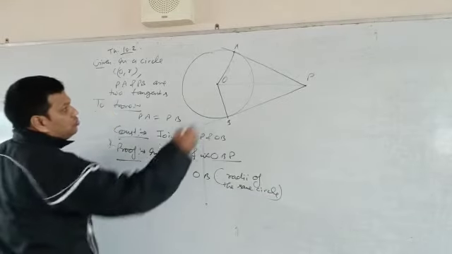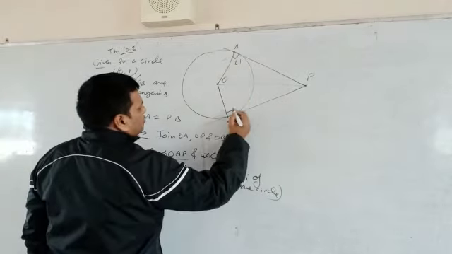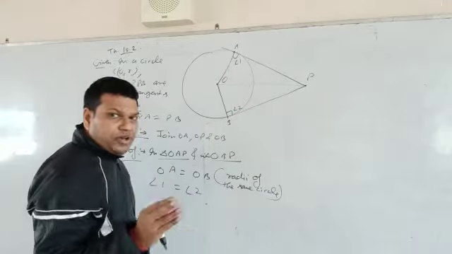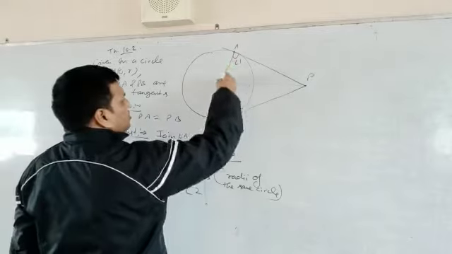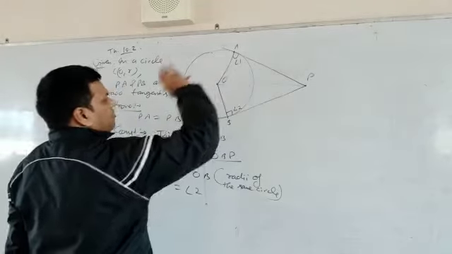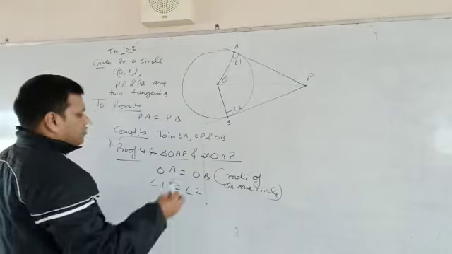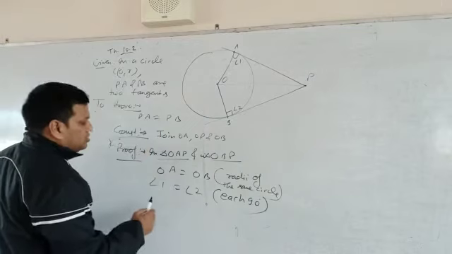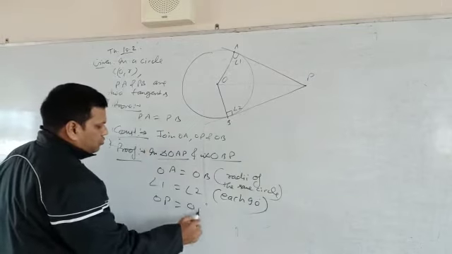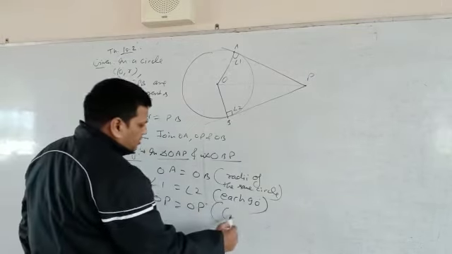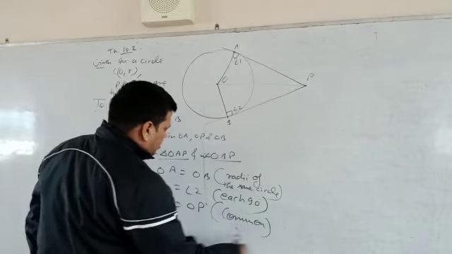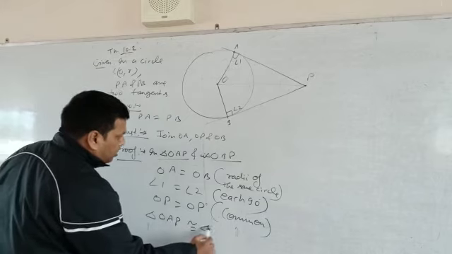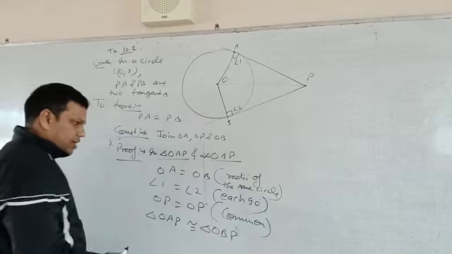Also, you know that this angle is equal to this one, each 90, because in the last theorem 10.1 we have already learned that the radius and the tangent are always at right angle, right? So we have each 90, and OP is equal to OP, this is common. So now we have triangle OAP congruent to triangle OBP, right?